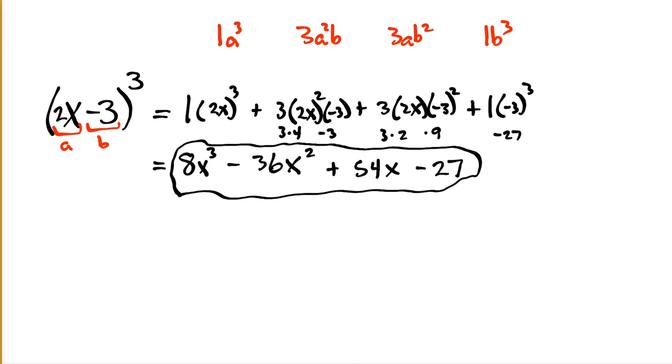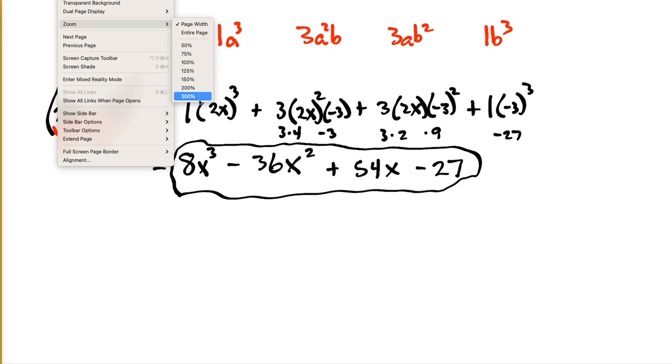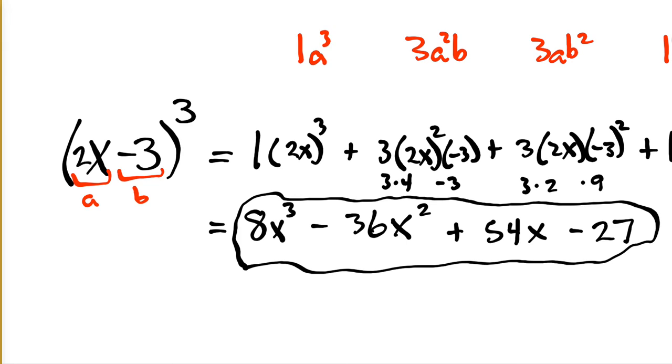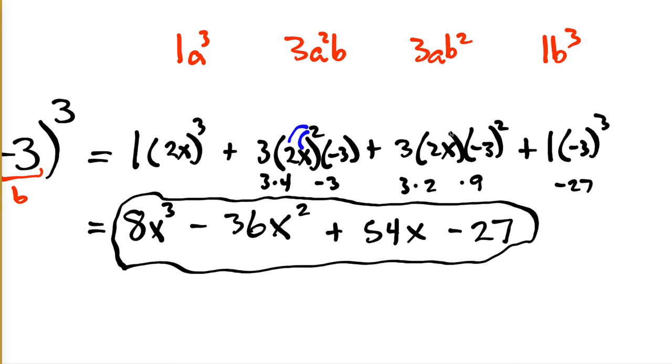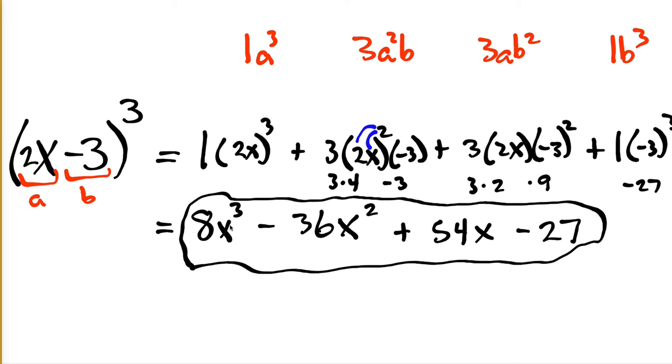The little squared that was on 2x is going to go on both things. So that's where the 4 came from, and it's also going to make the x squared. On the next term there was no power on the 2x, so that's why it was a regular x. If you want to know if you're doing it correctly, the powers should go down by 1 each time. So I've got an x cubed, an x squared, an x, no x.